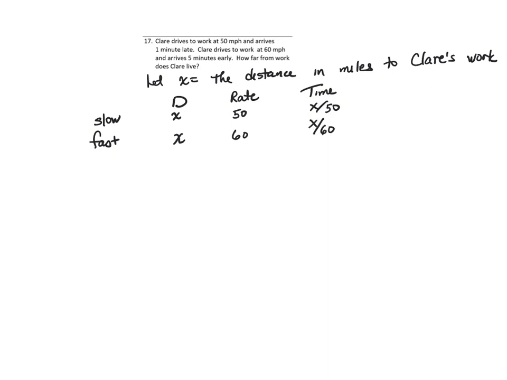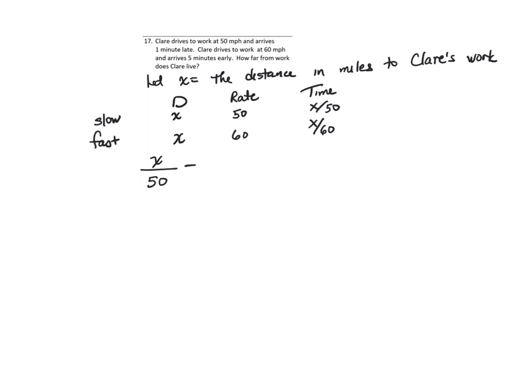But let's read the question now. They don't really tell us about the total time or the relationship between the times. It does say that Claire drives to work at 50 miles per hour and arrives 1 minute late. So the time that she takes to travel slowly, she loses 1 minute.